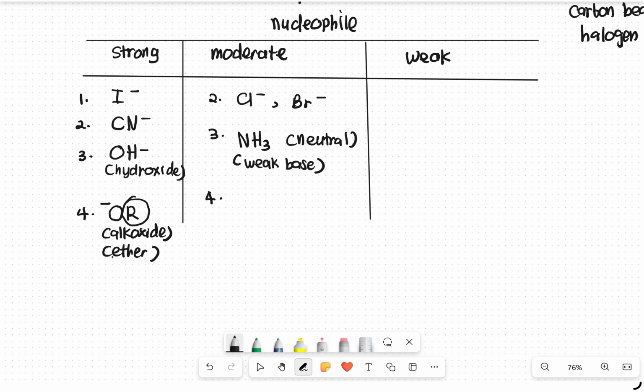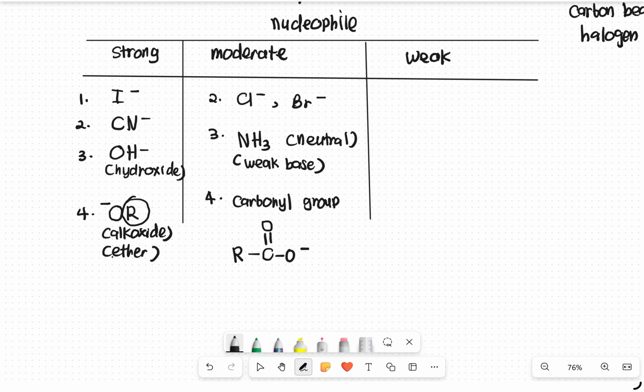Okay, now number 4, carbonyl compound. It must occur under the carbonyl group. Carbonyl group, how do you identify it? It has C double bond O, and then this C is attached to R. So this is the carbonyl group, and it falls under moderate nucleophile.